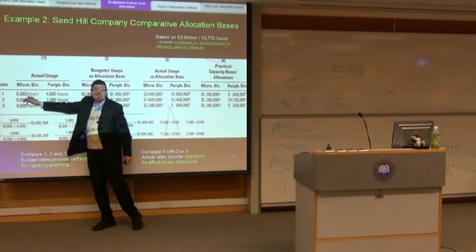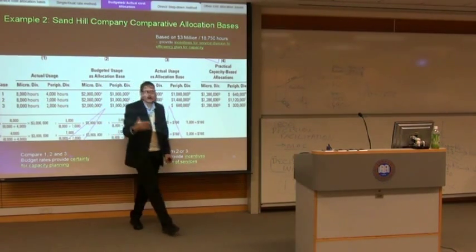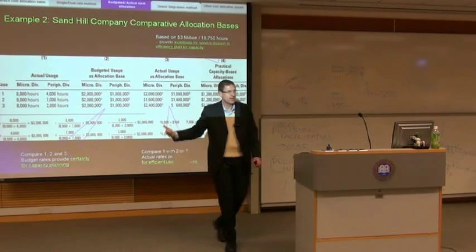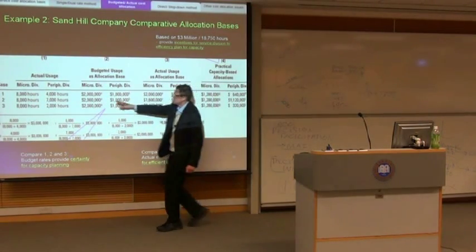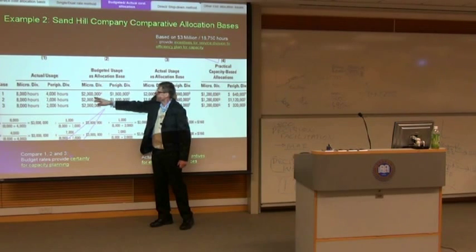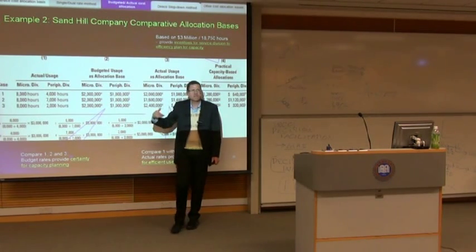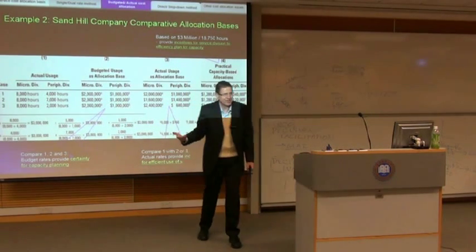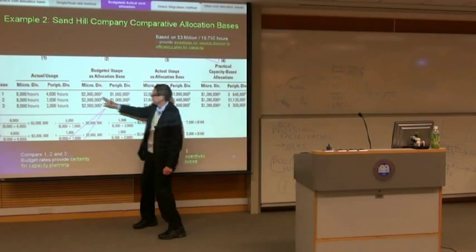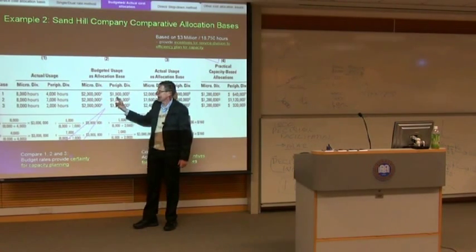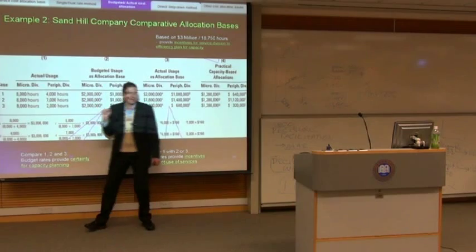So we're starting off. If we start off with 8,000, 4,000, which is what we've been talking about for the previous slides. So budgeted usage. Then we get allocated 2 million and 1 million. Okay, remember, how much is the fixed costs? 3 million. Okay, so the allocation base is 2 and 1 because 8 and 4, right?